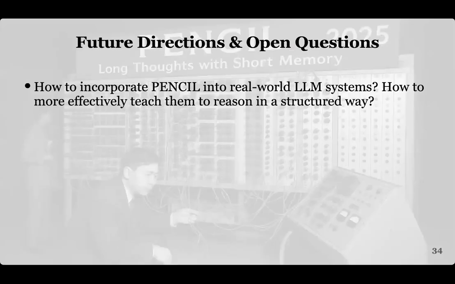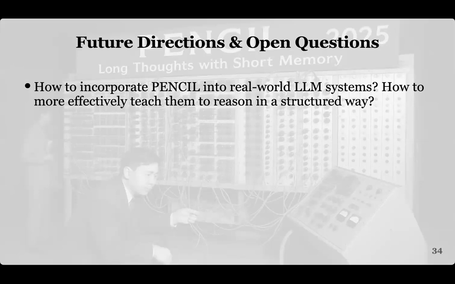To summarize, here are a few future directions and open questions. We have only run experiments on small transformers to test if they can automatically learn to generate thoughts and erase thoughts. But how do we incorporate the erasing capability into real-world large language model systems?